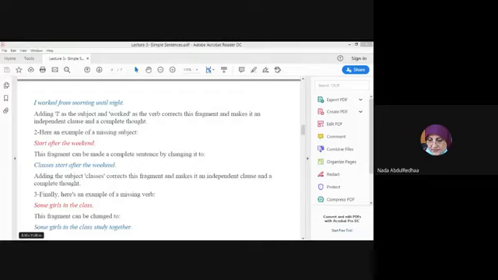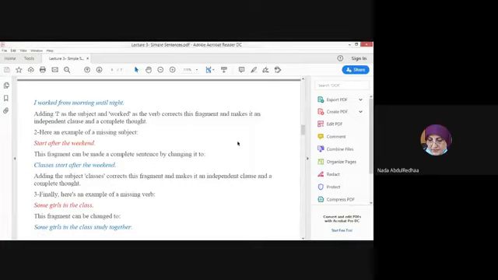Why? Because after it there is a subject and a verb, and it is a dependent clause. But in classes start after the weekend, after is a preposition. There is a big difference. Here it is a simple sentence, but in the first there is a dependent clause followed by an independent clause, so it becomes a complex sentence.